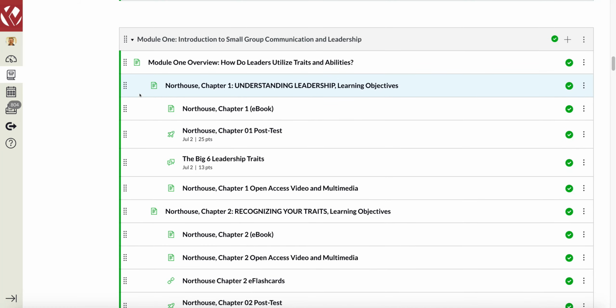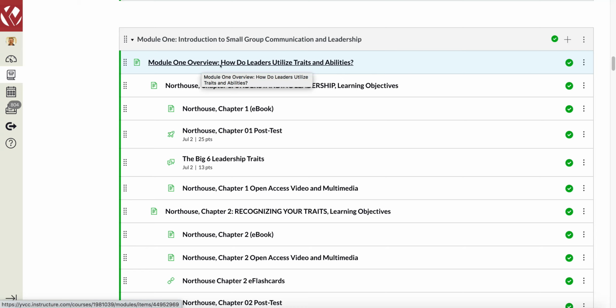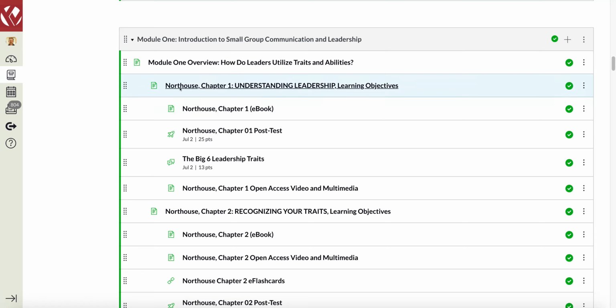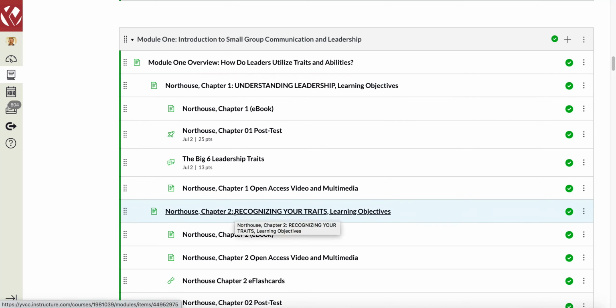How do I know what to read, what to watch, what to write, etc.? Well, here's the big perspective of it. You have the title of the module, you have the focus question, how do leaders utilize traits and abilities? And then you see chapter 1, you see chapter 2, that tells you very quickly without having to click through everything what you're going to need to read.